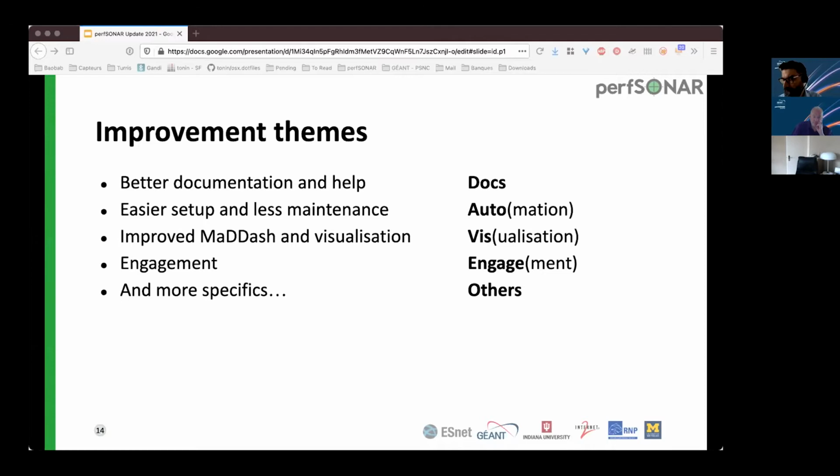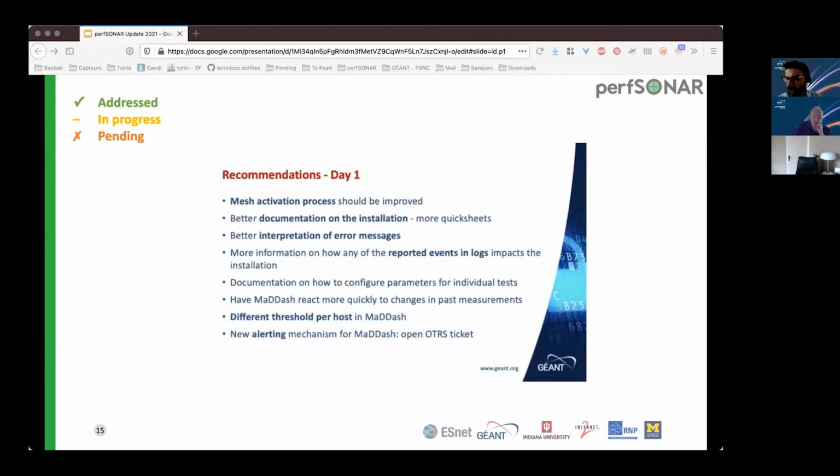So I went through all the actual recommendations that Ivana compiled at the end of the first workshop. And if we go through this list, this is what we can say. So the mesh activation process, I think we greatly improved that through some automation and mostly with Ansible.